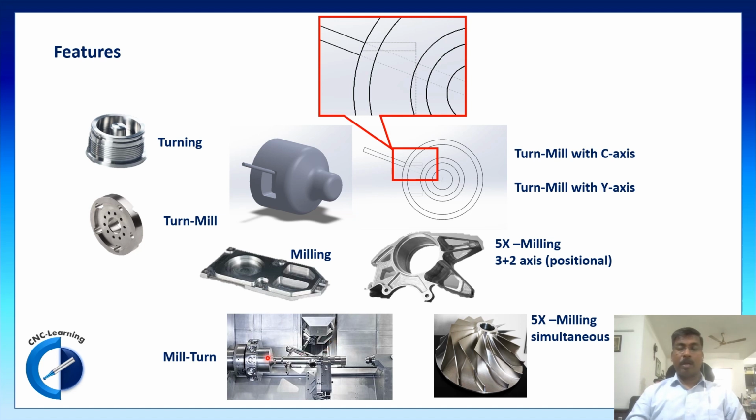A part like this is a landing gear part. This kind of part can be done very well on a mill turn center, where the turning features are less and the milling features are high.